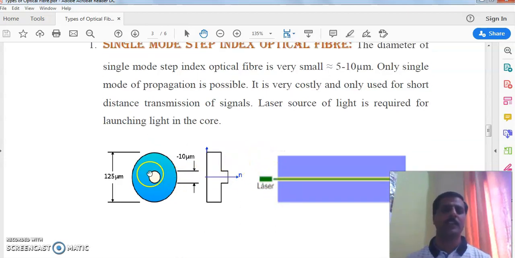So that is the symmetry, that is the cross sectional view, the core having a diameter of 5 to 10 micrometer, that is the step index.